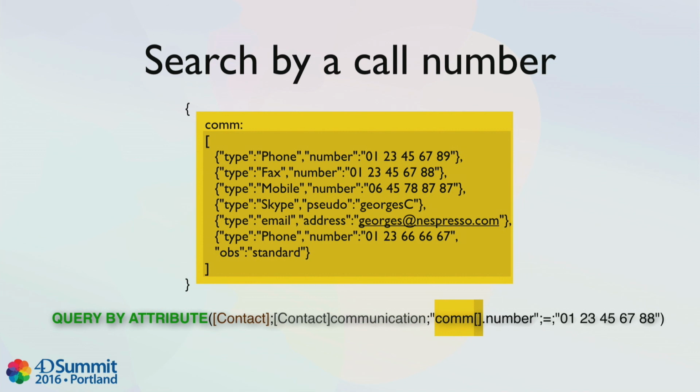Dot number: number is here, here, here, or here. You have four number attributes in the array. So the answer is the facts, in fact.